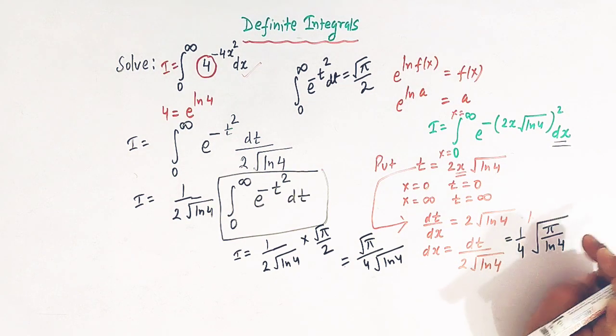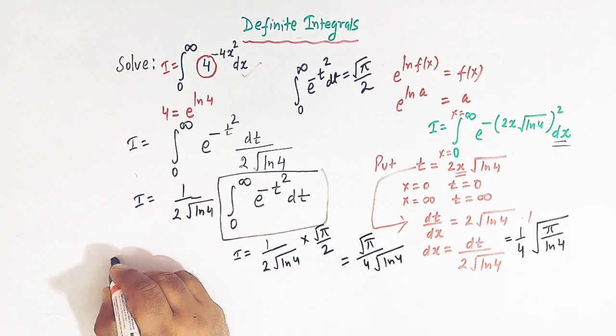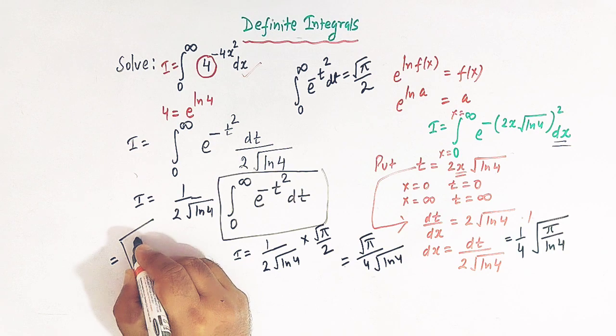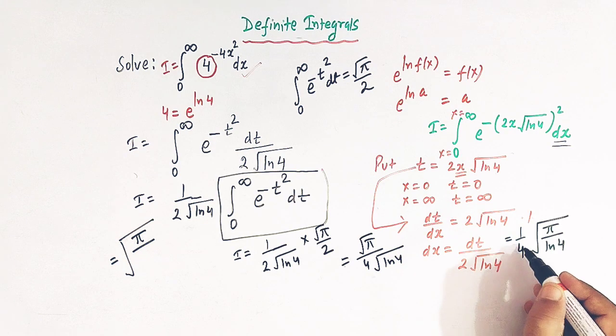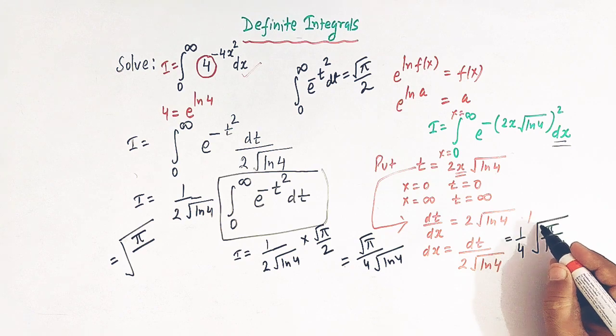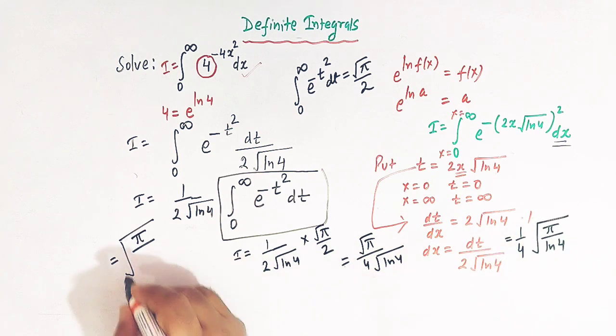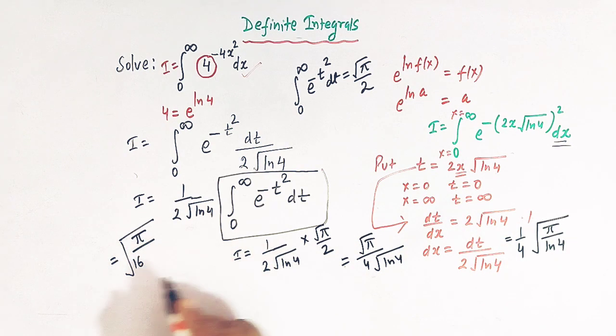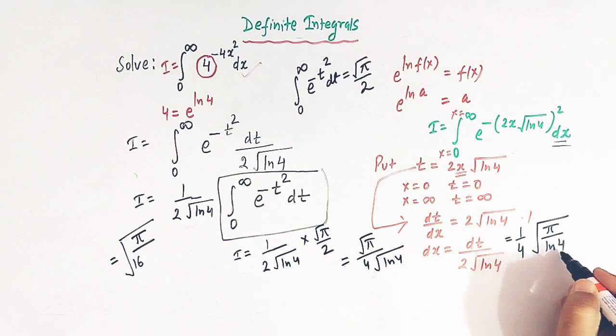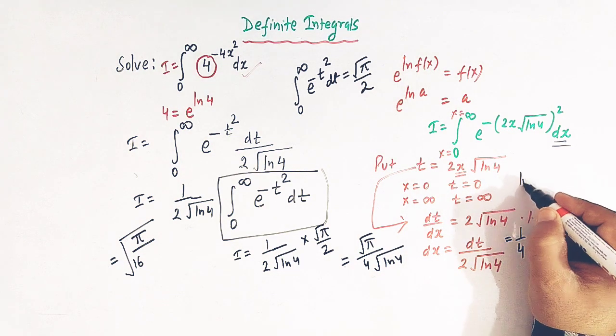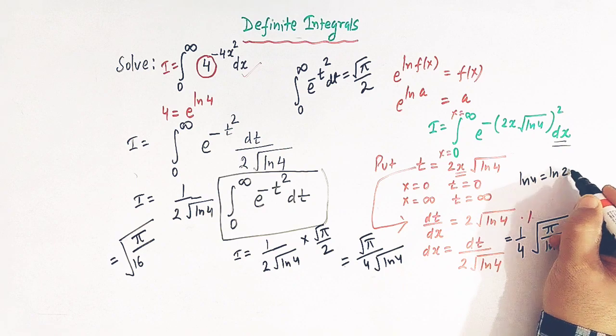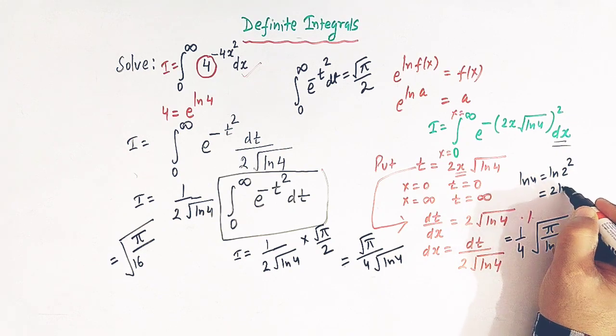We can also express this result as a square root of pi, and we can take this 4 inside the square root sign. So we can write it as 16, because the square root of 16 is 4, and log of 4 can be written as log of 2 square, that is 2 log 2.